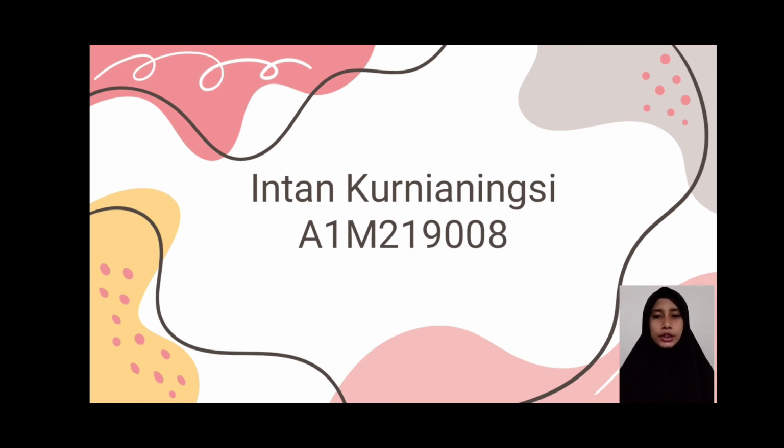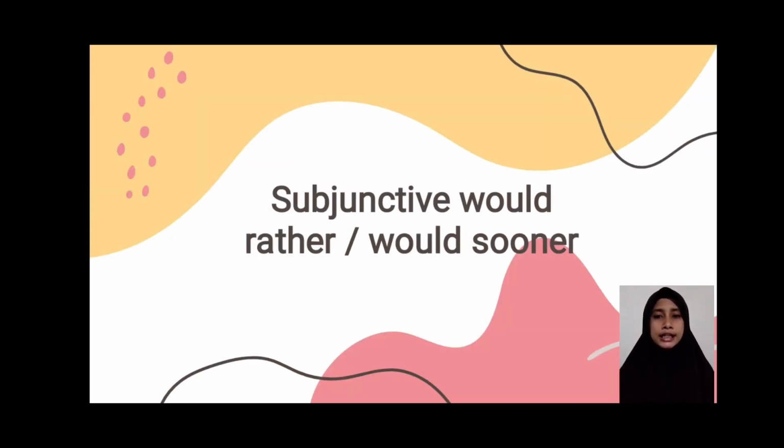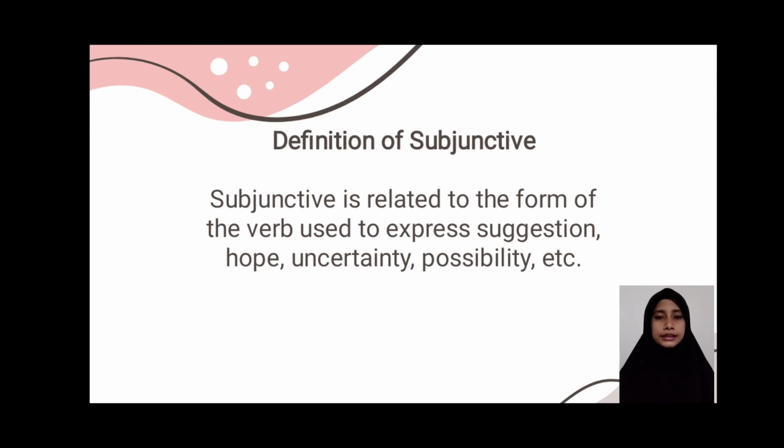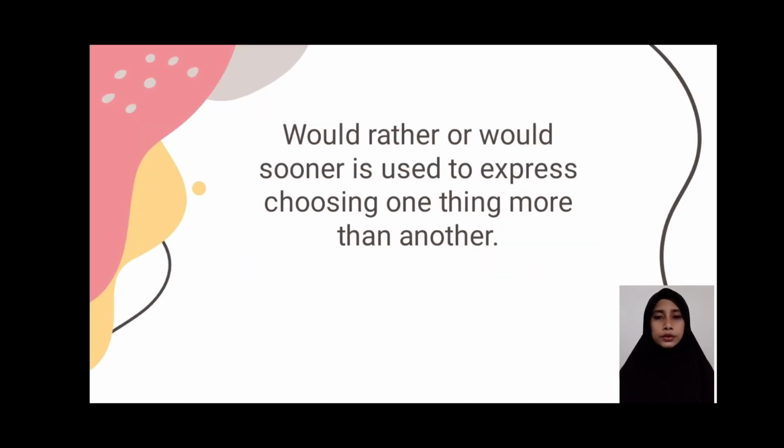A1M2-19008. In this video, I will explain about subjunctive would rather or would sooner. Okay? The meaning of subjunctive is related to the form of the verb used to express advice, hope, uncertainty, possibility, etc. Would rather or would sooner is used to express choosing one thing more than another.